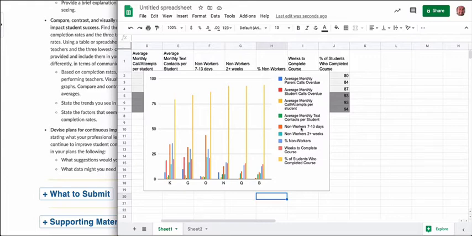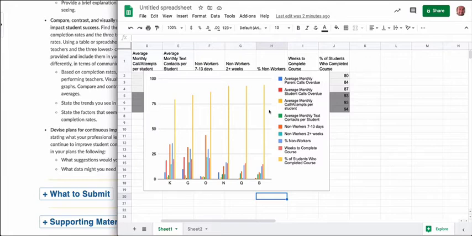So when we start writing about that, I would actually go into just a little profile first before we even get to this point: there are three teachers, K, G, and O, who had the three lowest completion rates, which were 80% for teacher K, 84% for teacher G, and 87% for teacher O. As a result, those same teachers had higher non-workers for 7 to 13 days, and then I would give those numbers.